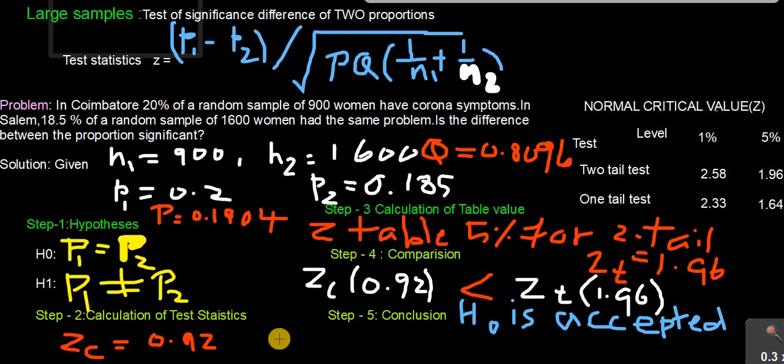So H0 is accepted implies that the proportion of corona affected women in Coimbatore, that is P1, and in Salem are equal, or there is no significant difference between P1 and P2. That's what we have to write here, and the final answer is that there is no significant difference, because that will give you the conclusion for our question.